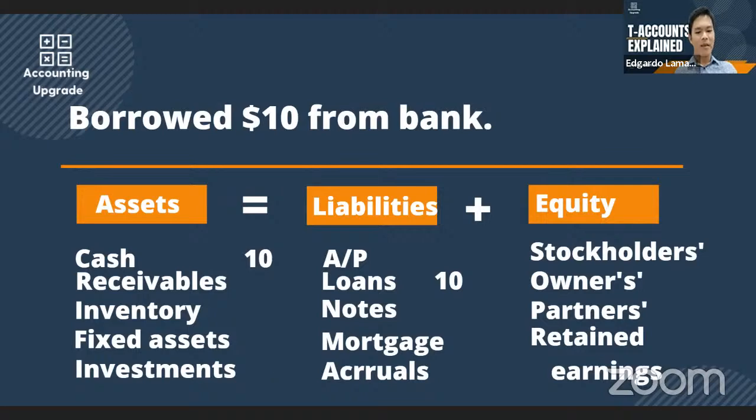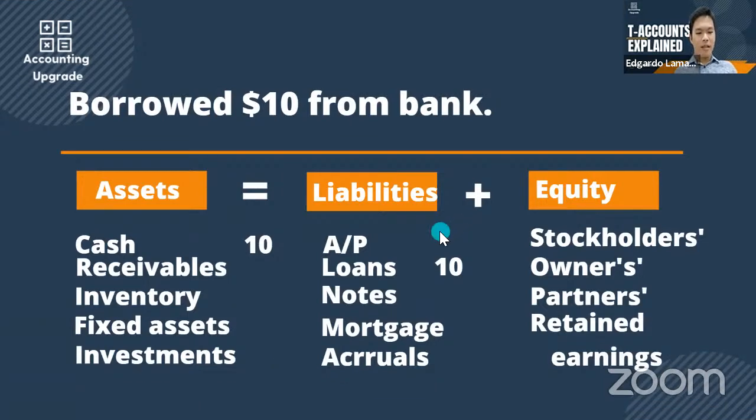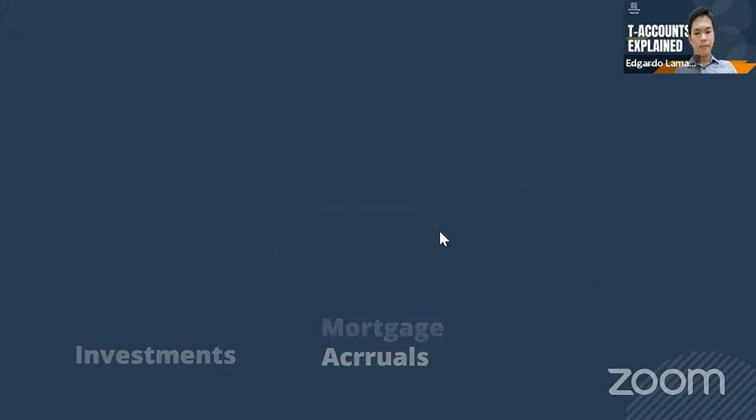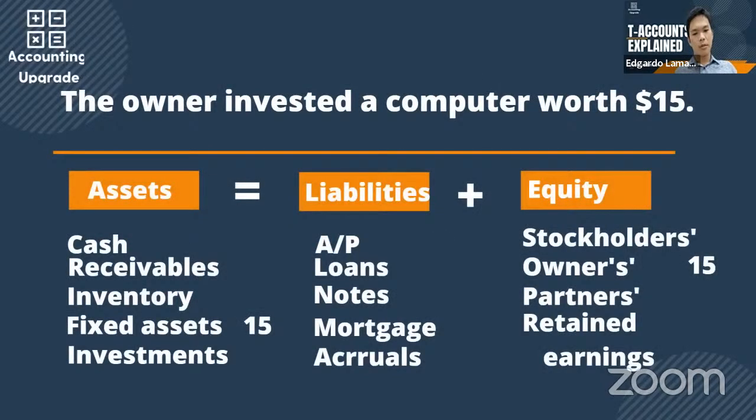All right, perfect. Let's take a look at another example. The owner invested a computer worth $15. What are the affected accounts? What did the owner invest? A computer. Let's identify whether the computer is an asset, a liability, or equity.